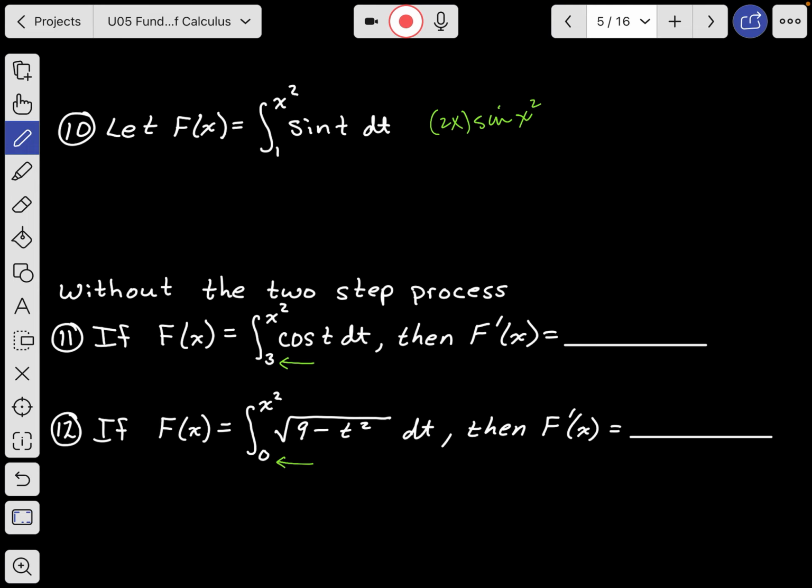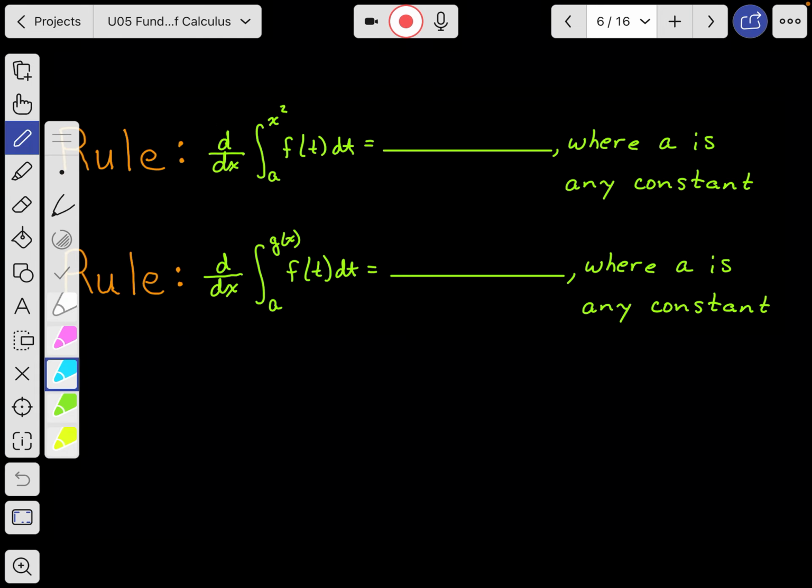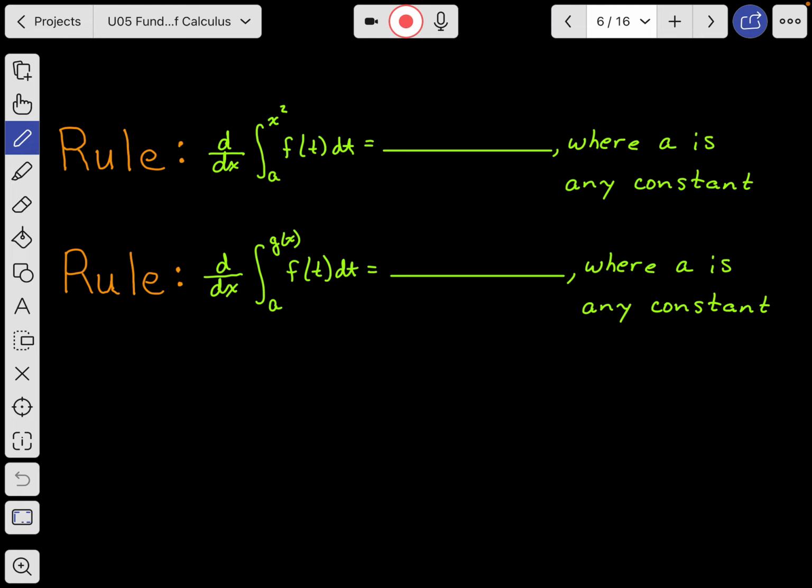But it's just the derivative of the upper limit, so it's going to be 2x, and then the function evaluated at the upper limit. Upper limit derivative times the function evaluated at the upper limit. Bypass those 2 steps, so it is the function evaluated at the upper limit times the derivative of the upper limit.